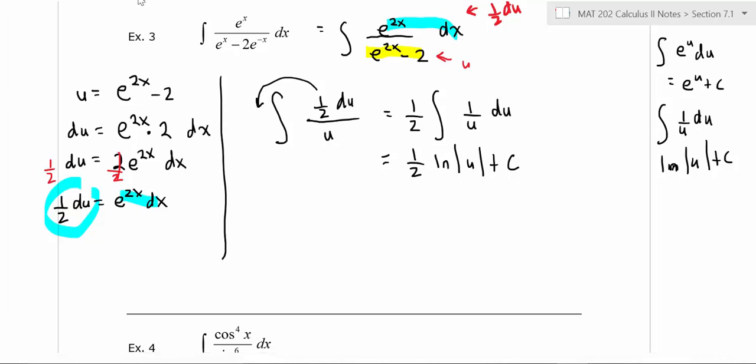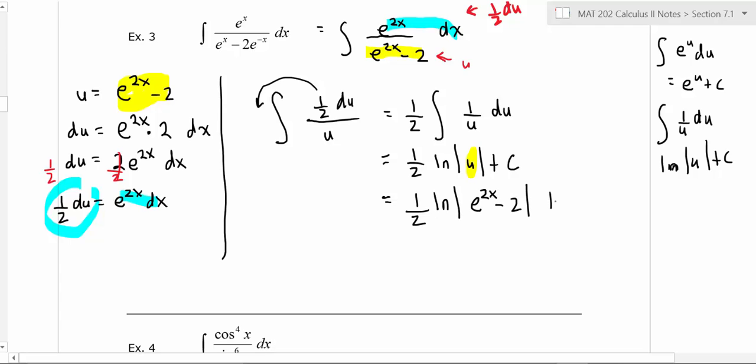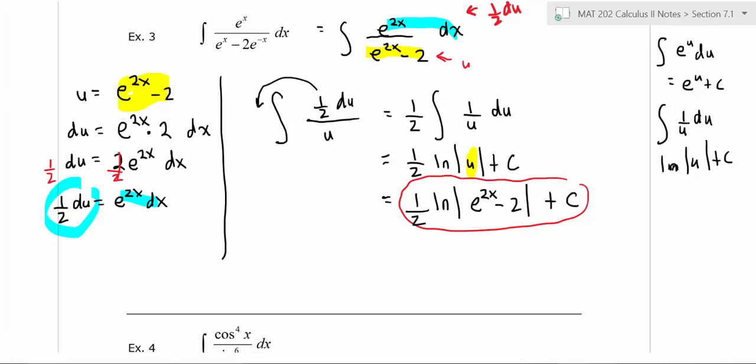Then we plug back in. Remember, u is e to the 2x minus 2. So the final answer of this problem is 1/2 ln of the absolute value of e to the 2x minus 2, plus c.